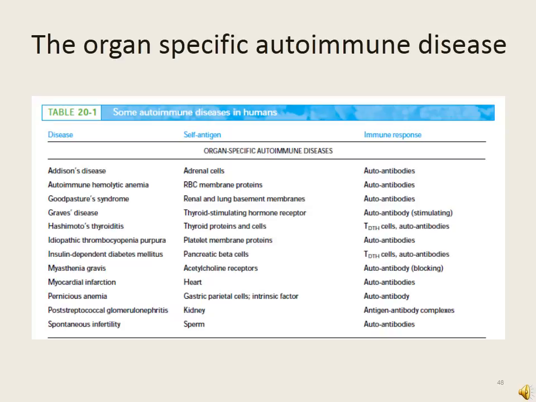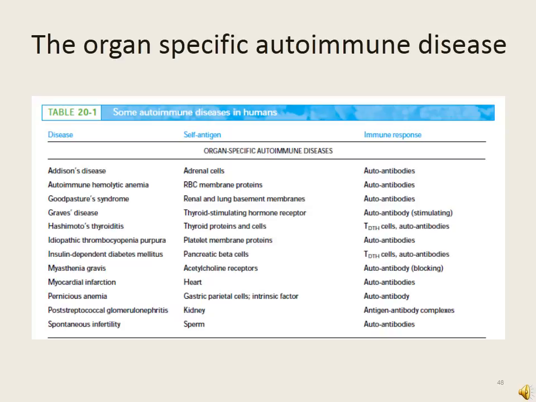This slide shows you the table of organ-specific autoimmune disease, and there are 4 autoimmune diseases that concern the endocrine system. The first one, the first line in the table, is Addison disease, which is an autoimmune disease of the adrenal cell.